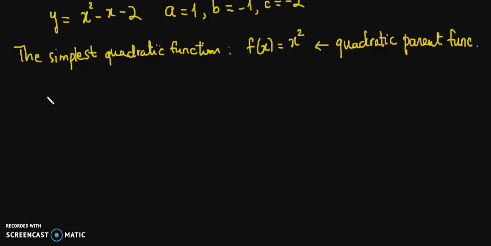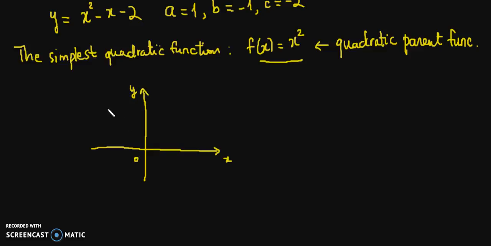But here we know that the graph of this function is actually a parabola. So in this chapter you also have to be able to graph these functions. The first one is that we have Ox and Oy here.